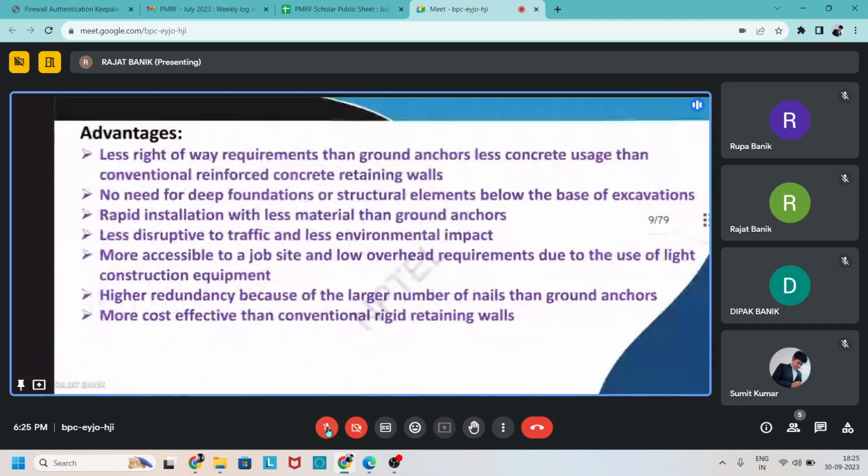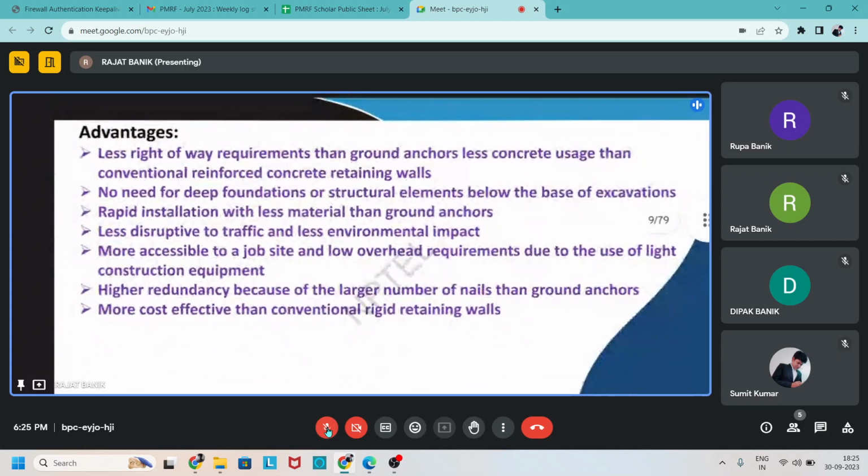Now we discuss the advantages of this technique, or the advantages of soil nailing. First, it requires less right of way than the ground anchor, and less concrete than the conventional reinforced concrete retaining wall.